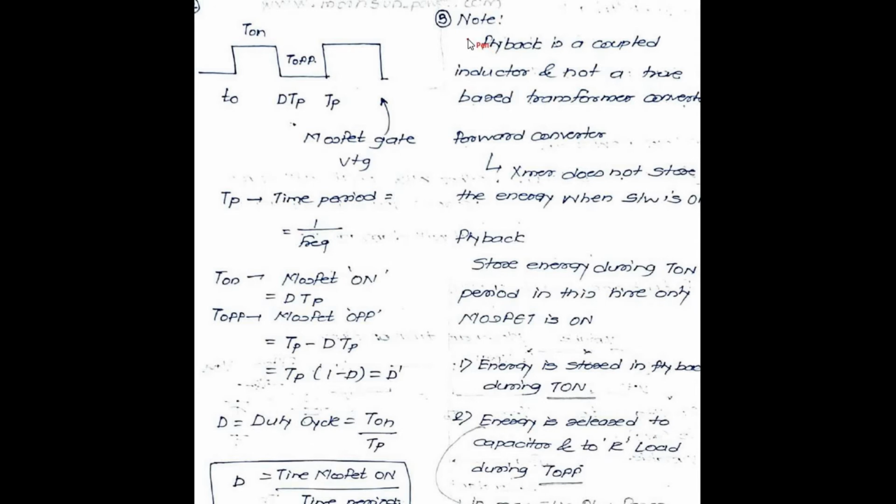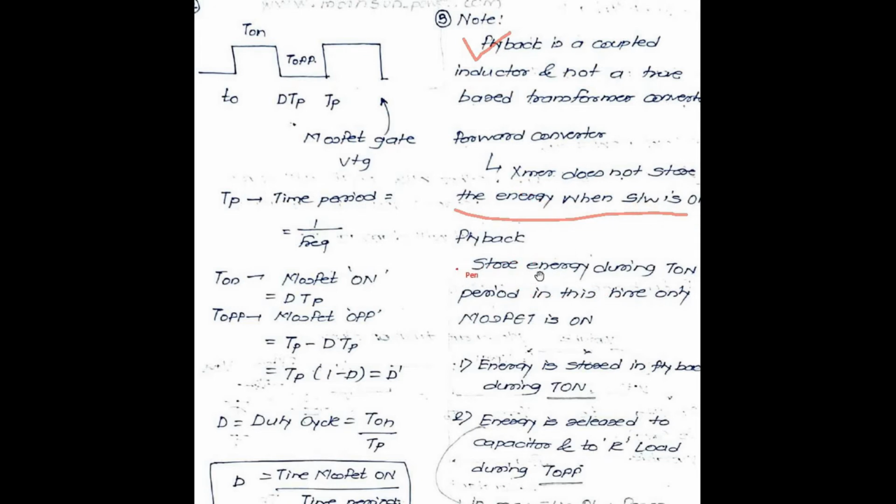So the inductor which we use in the flyback is able to store the energy in magnetic form. This is the one bold and most important statement. And for the forward converter, the inductor which we use is not going to store the energy, right? Mark this statement, or note it down in your notepad, right?